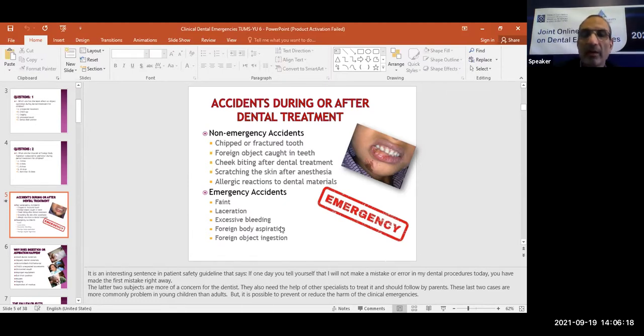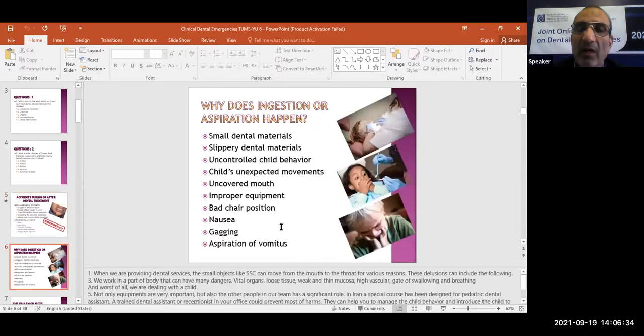But the problem is very vital, and we must pay attention and more attention to these problems. Why does ingestion or aspiration happen?